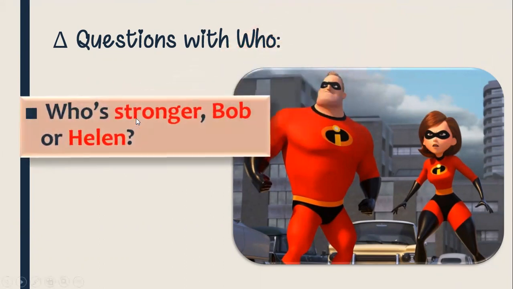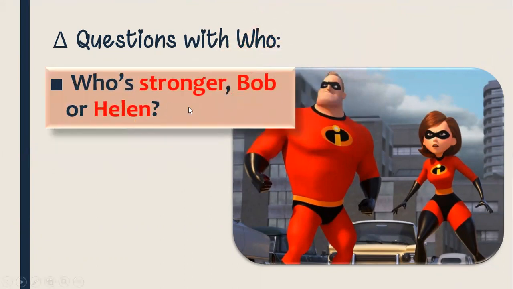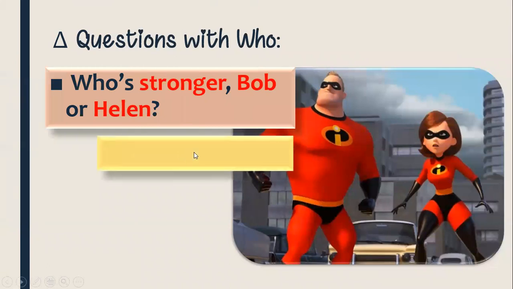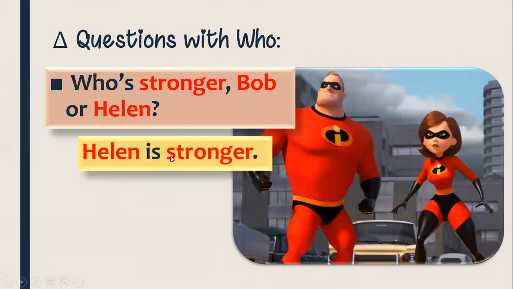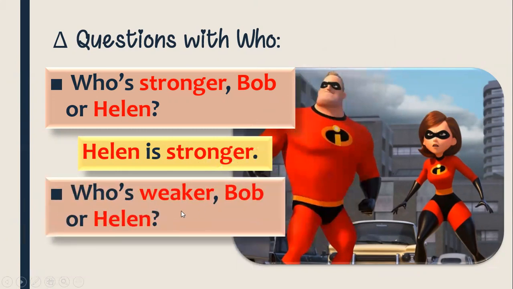The question says, who's stronger, Bud or Helen? Who's stronger, Bud or Helen? In this case, the answer is Helen is stronger. Helen is stronger. What about the other question?